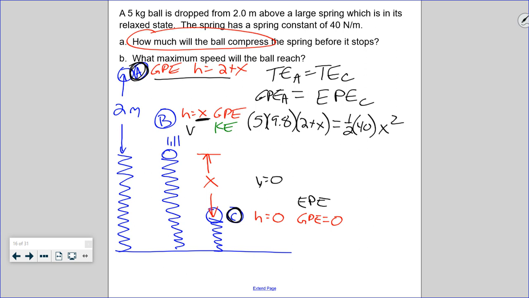If we distribute, we get 98 plus 49x equals 20x squared, which, if you solve it, gives you 20x squared minus 49x minus 98 equals 0.